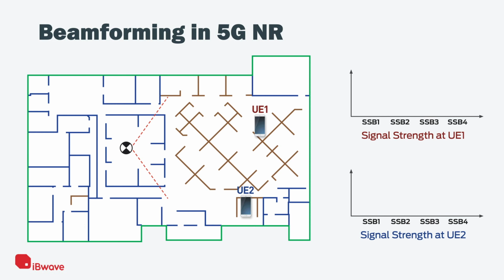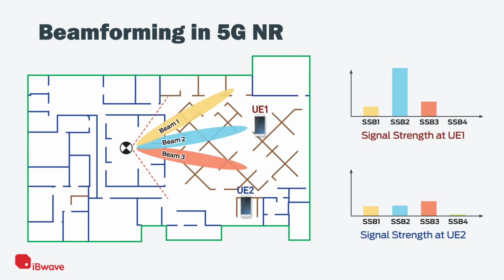Now, when beam 2 is transmitted, UE1 will receive a high signal because it is in the direction of this beam. However, UE2 will not receive a high signal, it will receive a weak signal, because it is not in the direction of the beam.